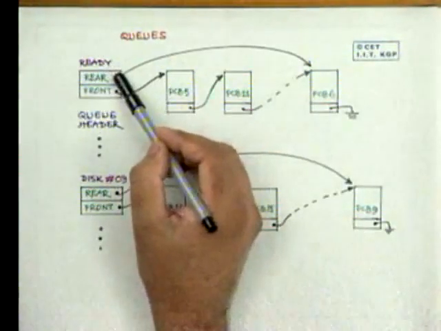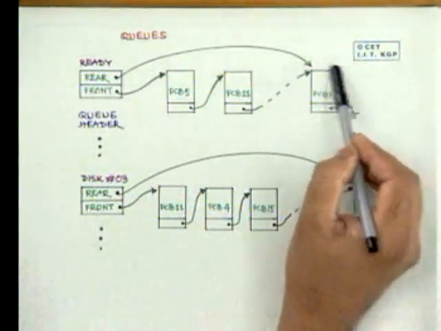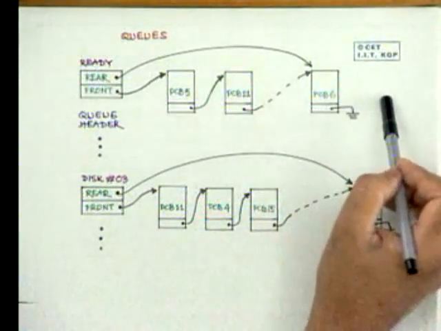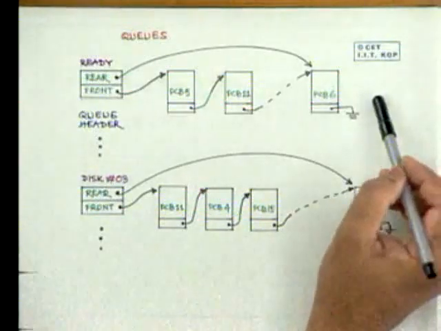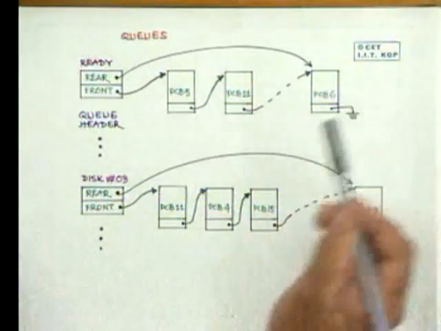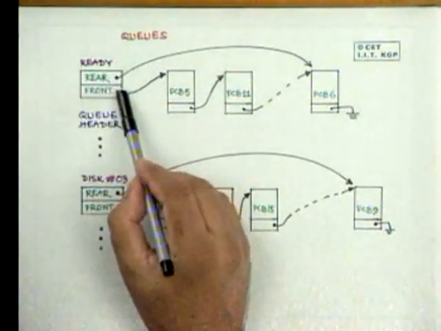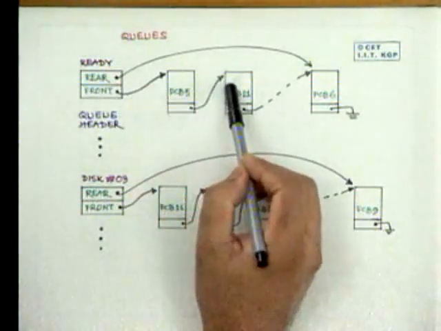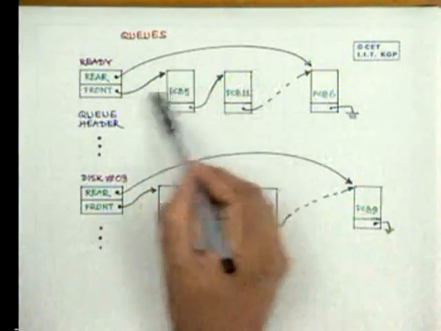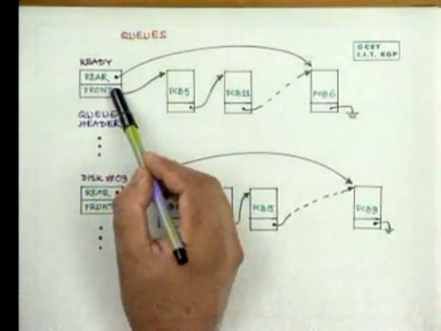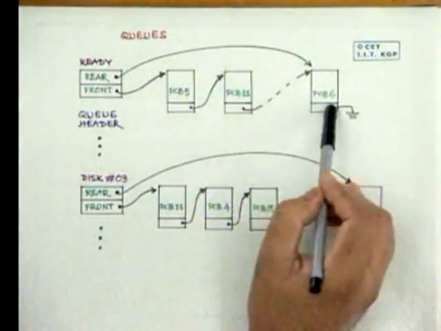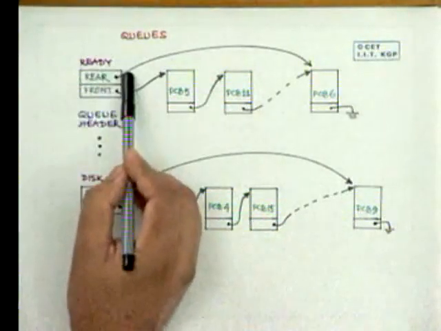The rear points to the rear of the linked list, where any new process that comes into the ready queue is linked. Essentially this is a linked list realization of the queue. We have a front pointer, a rear pointer, and all the PCBs are linked. This is a queue header.